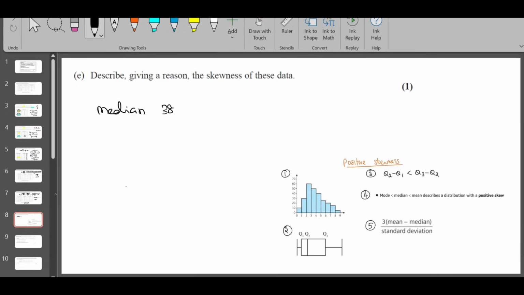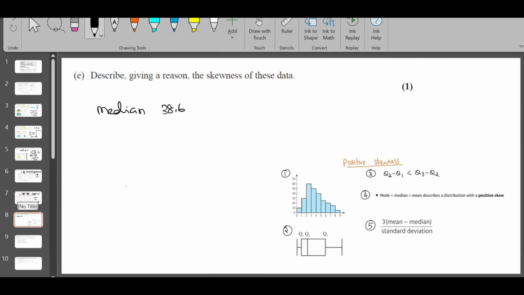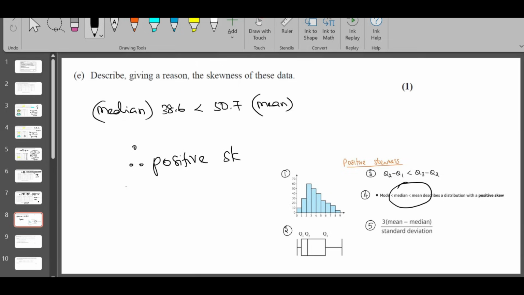Mean, we just calculated, is 50.7. If the median is smaller than the mean, it's positive skew. Therefore, positive skew. You cannot just write positive skew. You need to give a reason. So this is the reason. That's just a 1 mark question.